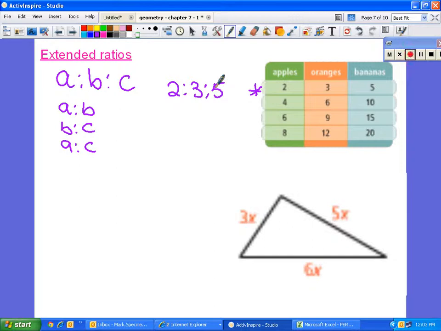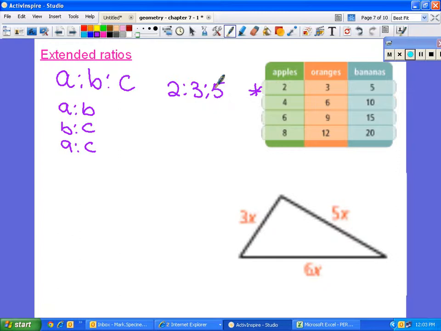In other words, as I increase the number of apples, it's also going to change the number of oranges and the number of bananas by the same amount. So if I go from 2 apples to 4 apples, I doubled the number of apples that I have. So if I double the number of apples, my extended ratio tells me that I also double the number of oranges, and I also double the number of bananas.